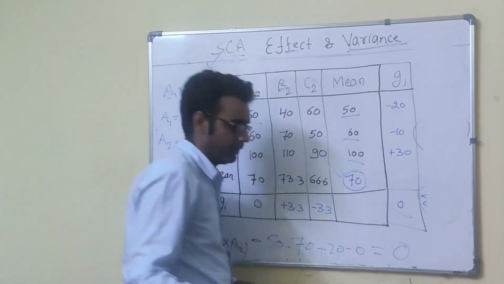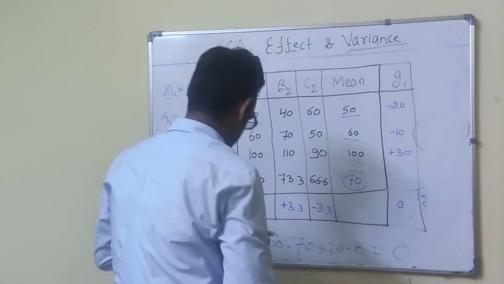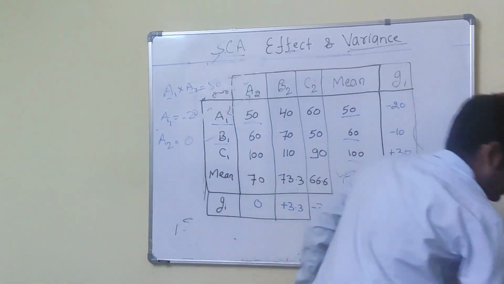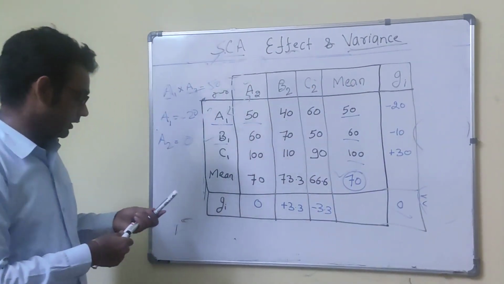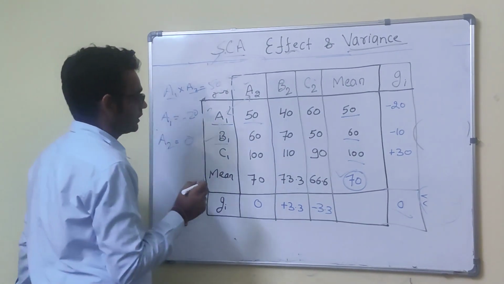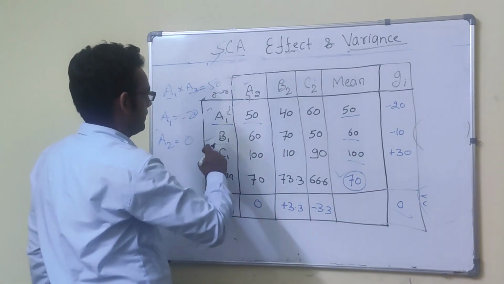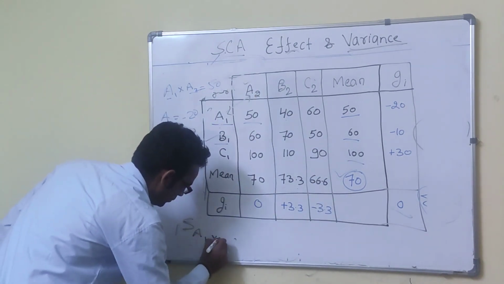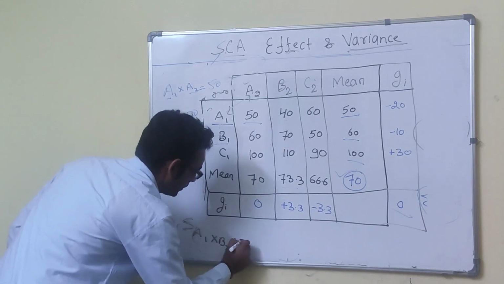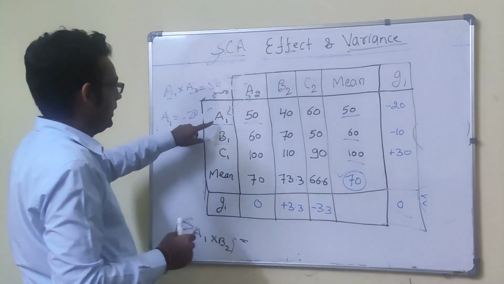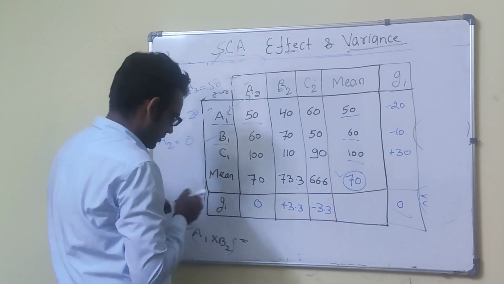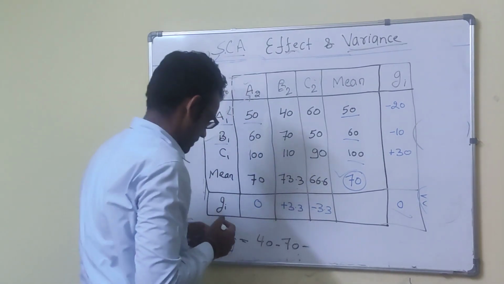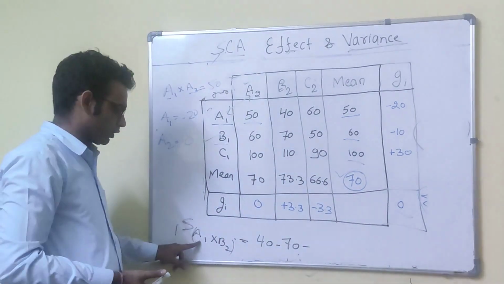Now we will calculate the SCA effect of another cross-head. Suppose A1 into B2 cross-head. So the value of A1 into B2 is 40. 40 minus population mean 70 minus the individual GCA effect of A1 and B2.